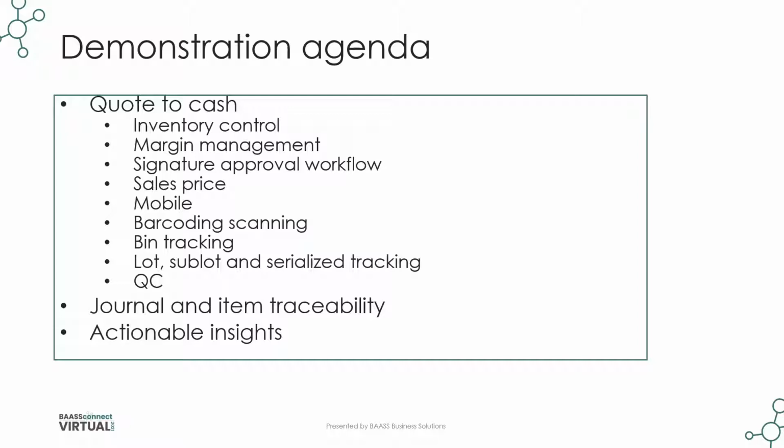Here are some of the things we have heard from our customers who are in the distribution business. Challenges with inventory control and visibility, challenges with margin management, managing sales pricing and promotions, barcoding and scanning to avoid or eliminate human errors, bin tracking, being able to track items at lot, sublot, and serialized level, and being able to process effective quality control.